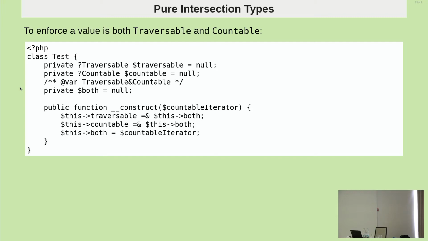And then here with this both, I assign the countable iterator from my original argument. So what it ends up doing is that because of this reference to both types, which are typed, the engine would make sure that the type then matches with a reference variable.